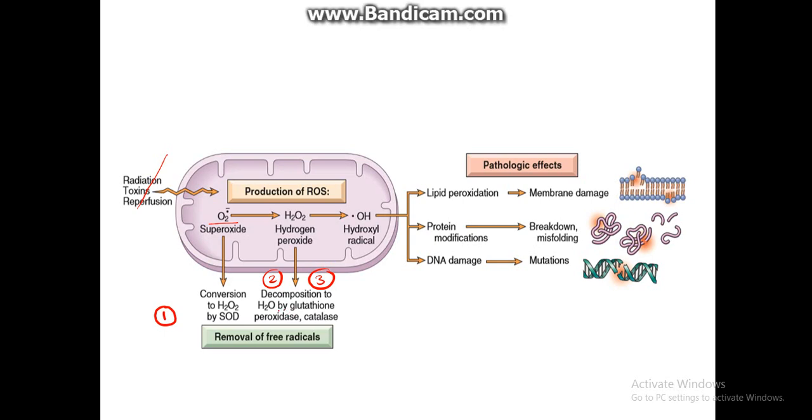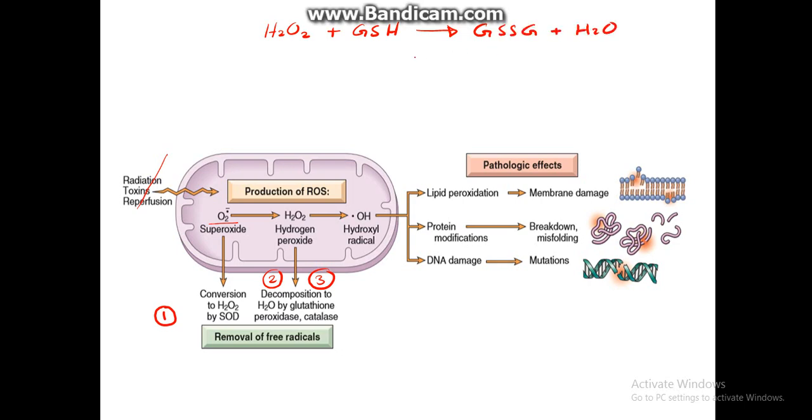In the glutathione system, let us draw something here. This is H2O2, and we have the glutathione, the GSH. By glutathione peroxidase, this will become oxidized glutathione, GSSG, and H2O.